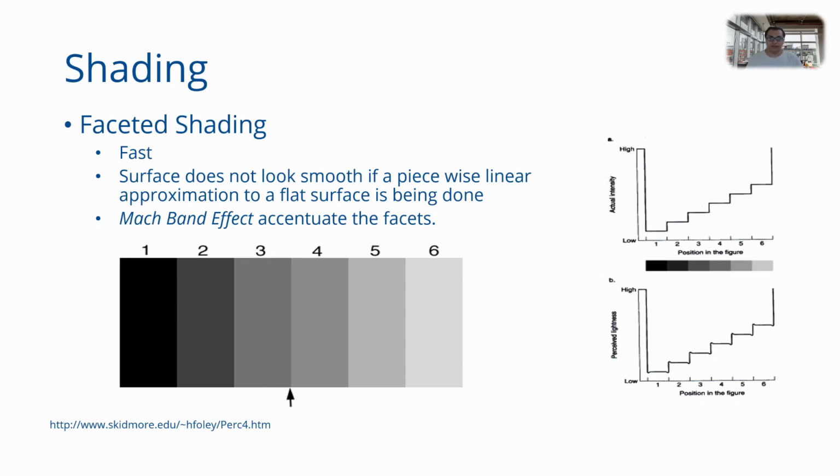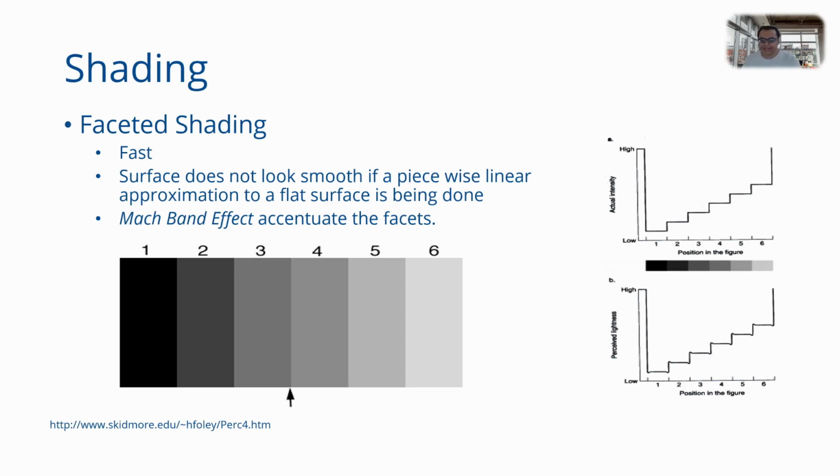So if you have facets which are at slightly different orientations from each other, so that their normals are only slightly different, and you do faceted shading, therefore you assign different colors to these faces, then due to this effect known as the Mach band effect, the border between these faces seems to be at a larger level of discontinuity than actually should be present.